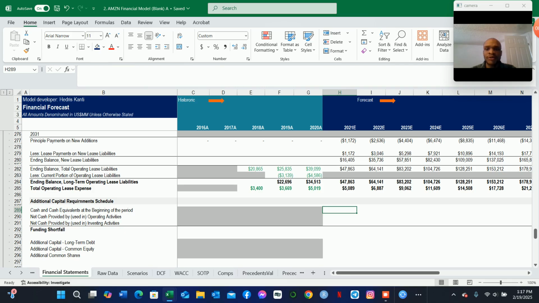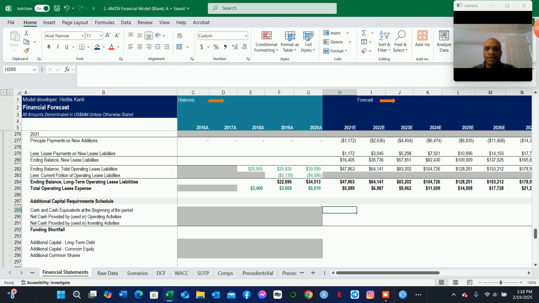The result of all of those will show a funding shortfall in case there is a negative cash flow. Then we will estimate if Amazon will need to raise debt. As we can see, we have an additional schedule here for any additional debt that will be raised as a result of that, or any additional equity that will be raised as a result of that funding shortfall.